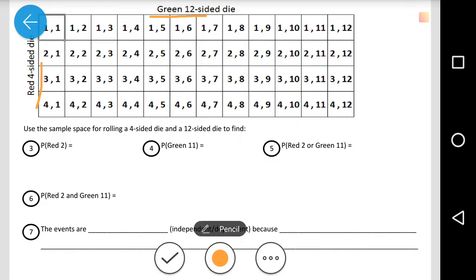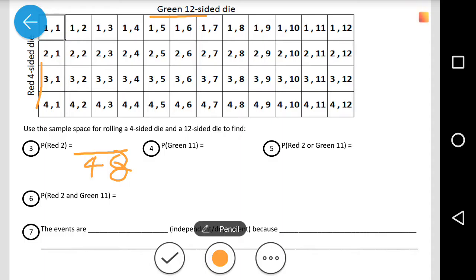So I have 12 possibilities if the red die is 1, 12 if it's 2, 12 if it's 3, 12 if it's 4. I have 12 possibilities 4 times, so I'm going to take 4 times 12 to get my denominator. There are a total number of outcomes in the sample space of 48.